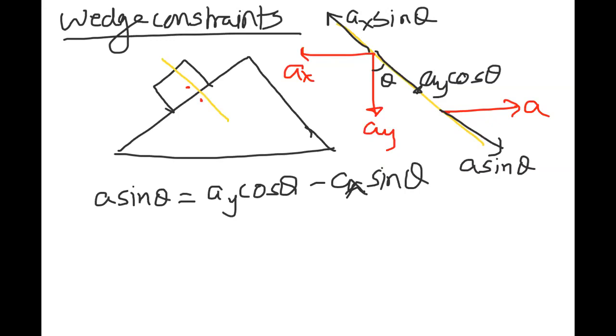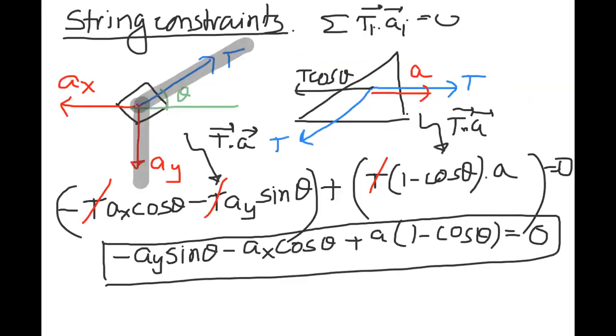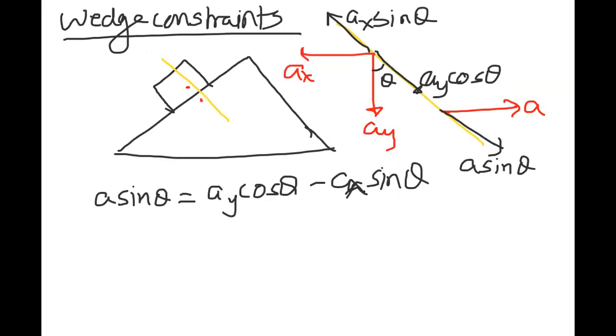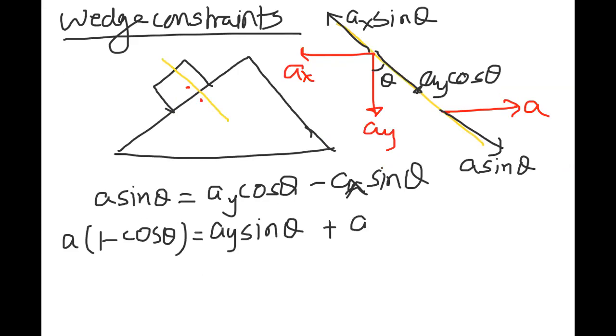Right. Now remember that our purpose is to find A. So I want to rewrite this equation here. Here we write A(1 minus cos theta) is equal to AY sin theta plus AX cos theta.